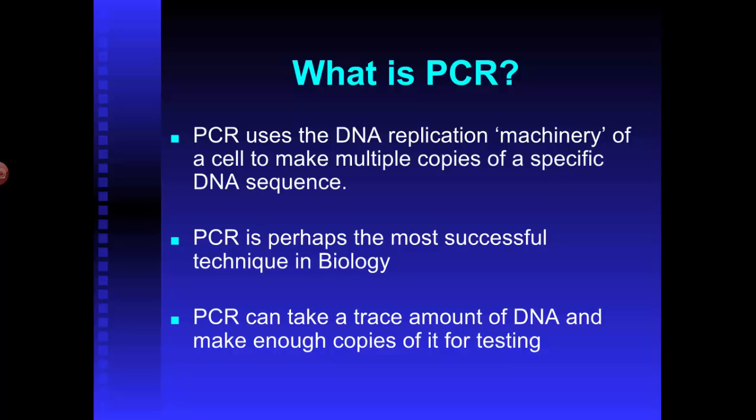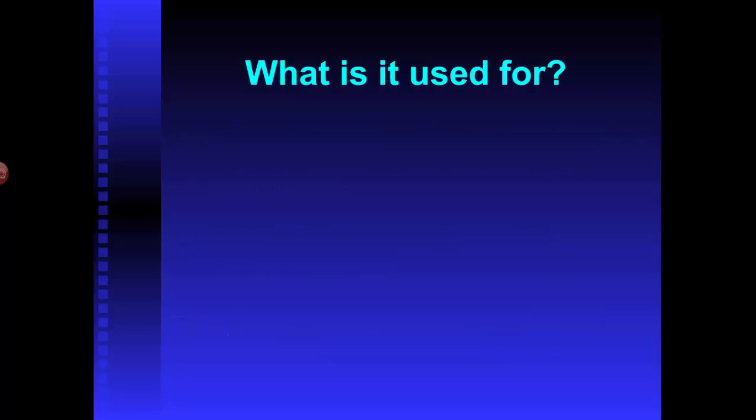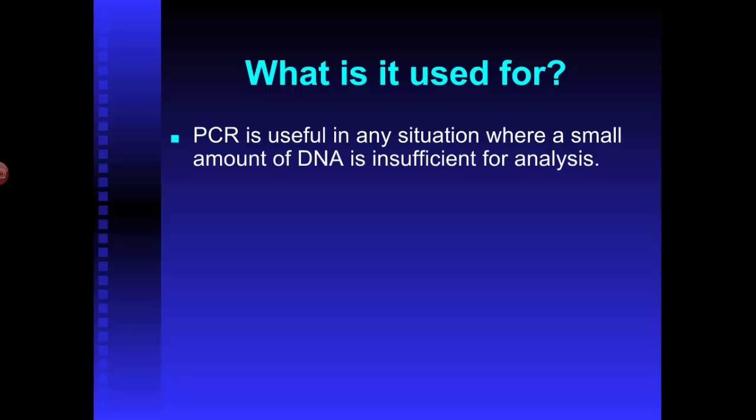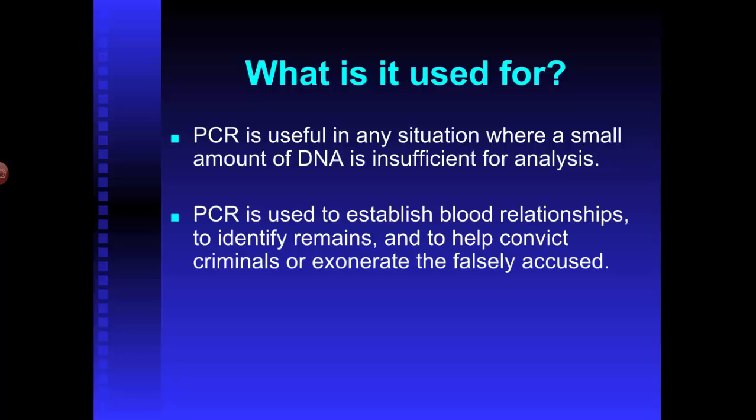So until PCR came along, DNA evidence wasn't really used in courts, for example, or in crime scene investigation, or in paternity testing, or any of these things, because they didn't want to destroy the samples. Well, then we have PCR, and now we can do all of those things because we can make as many copies of a target DNA sequence as we want. It's used anytime you need to make large amounts of DNA for analysis, but you only have a small amount to start with.